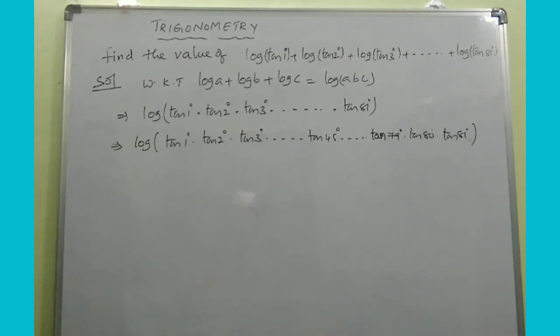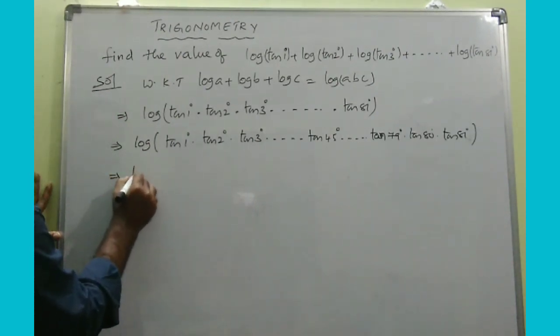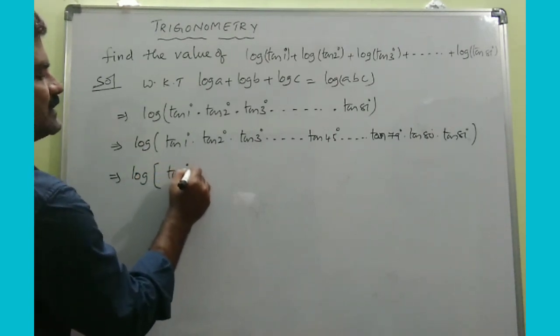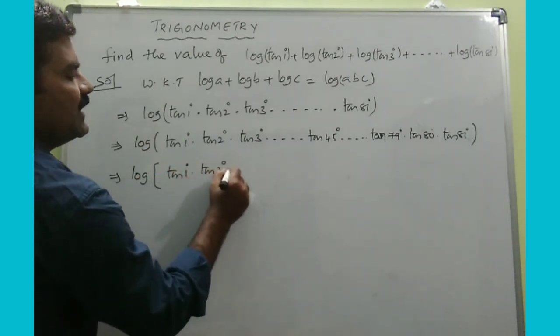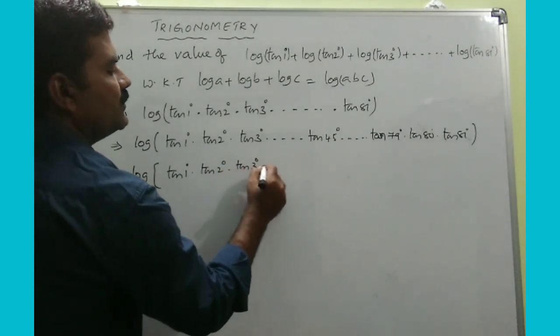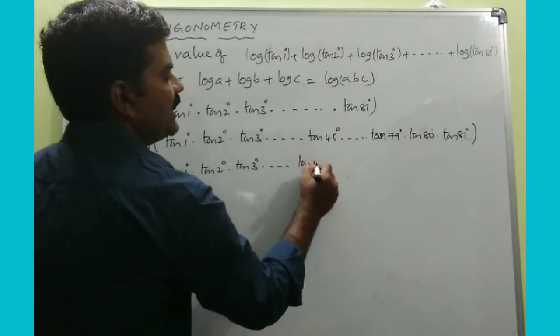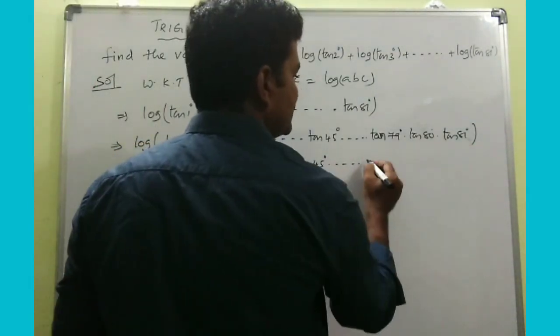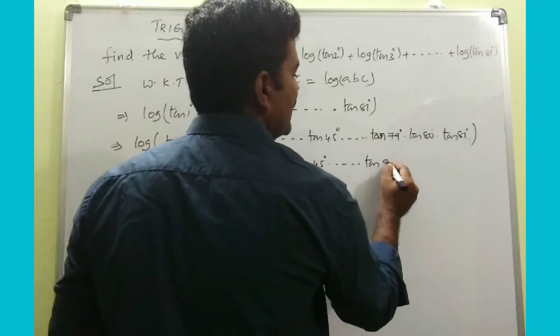Fine. Did you get any idea for now how to simplify this finally? Especially the first terms I don't want to disturb. I want to write it as it is into tan 45, and especially the last three terms, 79.